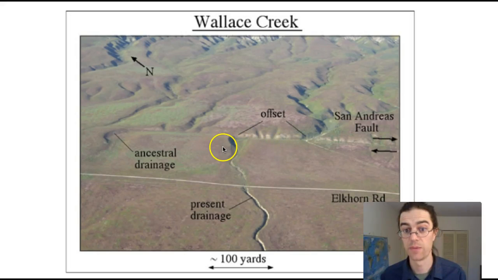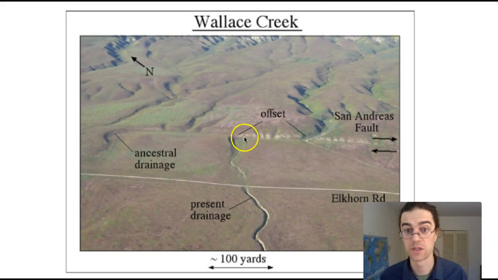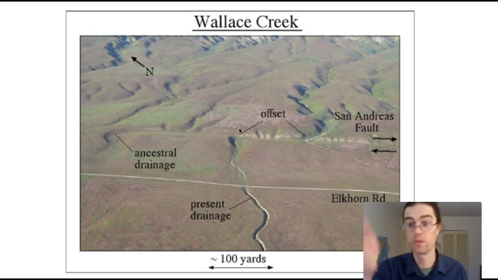The San Andreas Fault runs right at the base of the hills there. It's where the Wallace Creek drainage would have come out, and now it's just draining down along that fault and continuing out. There was some weakness there that led it to jump its course, or carve a new one.